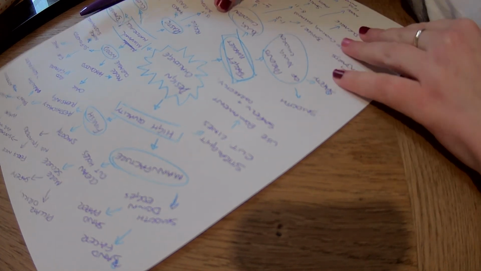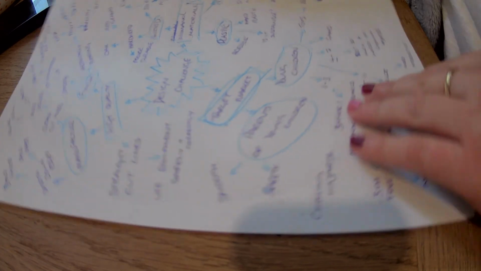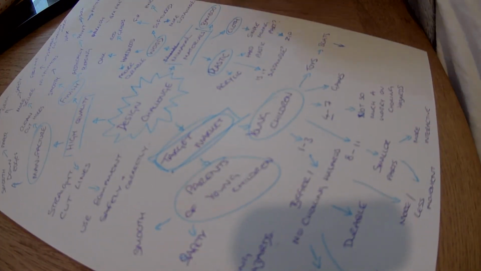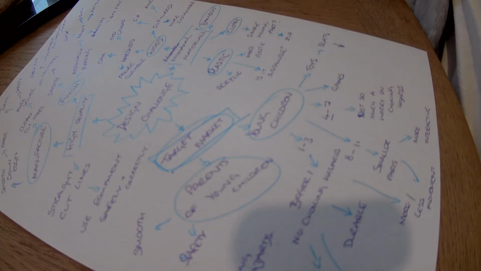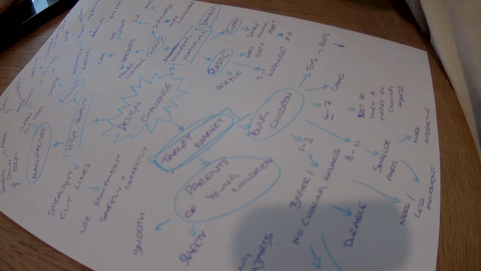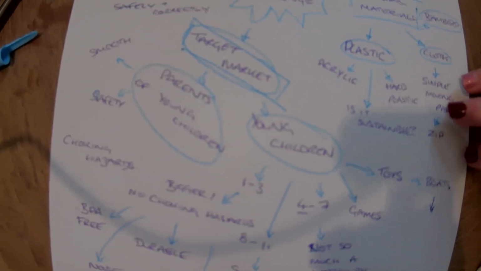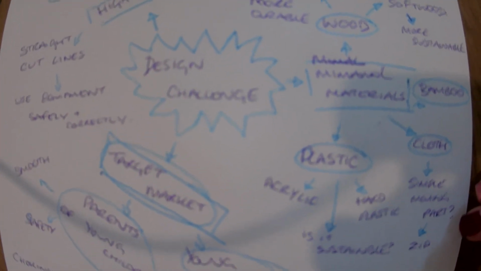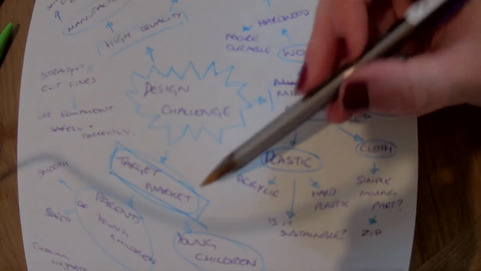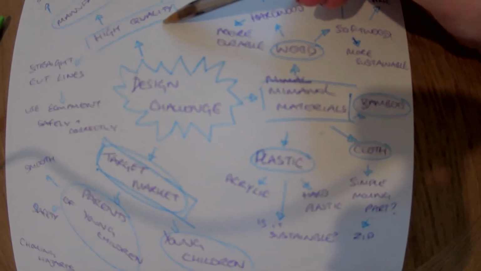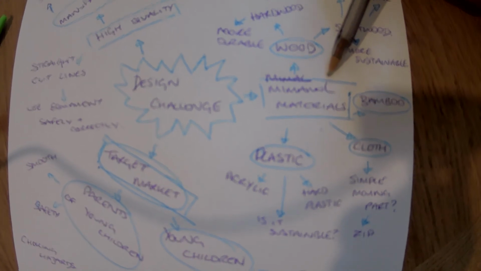So this will be on the exemplar. I'm just going to slowly try and show you on the camera what I've done so far. I realise it looks a lot, but you can take this how you want to. What I don't want is for you to copy this exactly, okay? So we've got our design challenge, and then we've got our keywords: target market, high quality, and minimal materials.